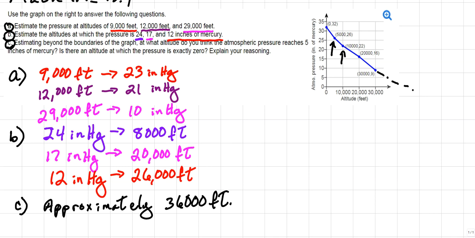It will approach zero and get very, very close, but as long as you are in the atmosphere of the planet, there's still going to be a little bit of pressure. So your next answer would be the pressure approaches zero but does not quite reach it.